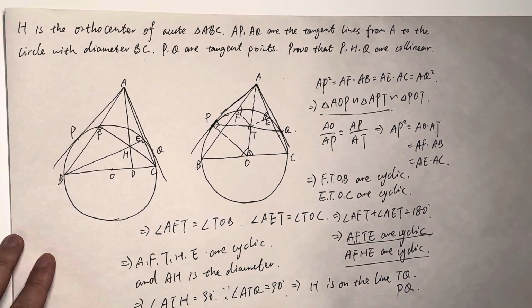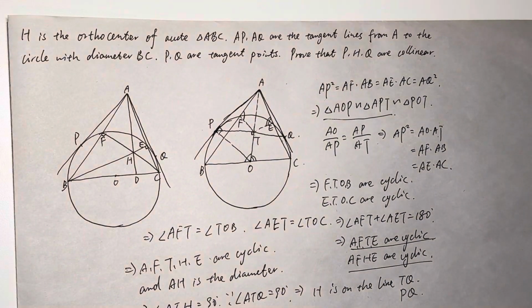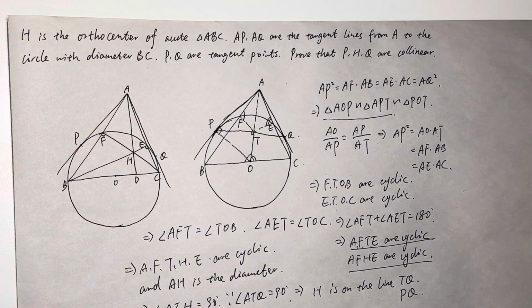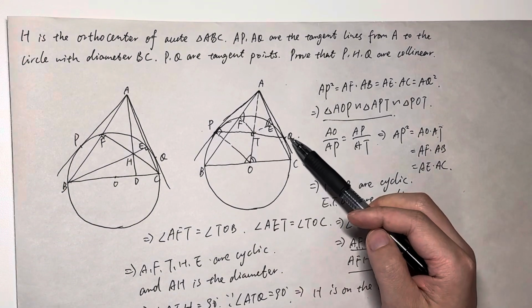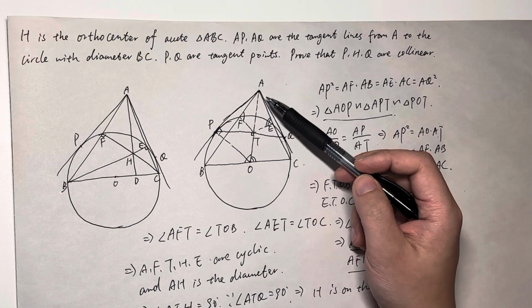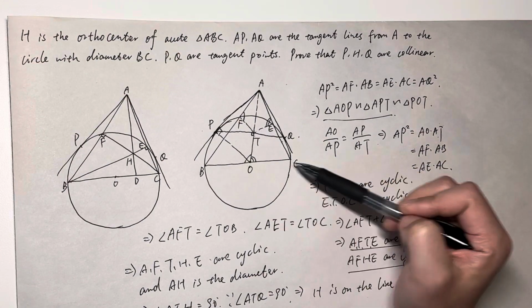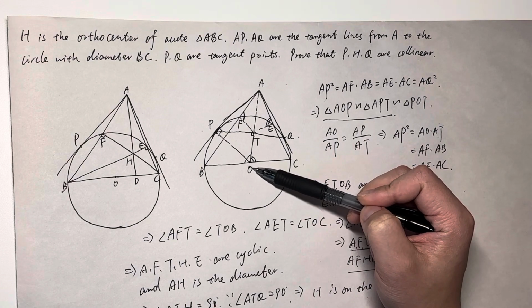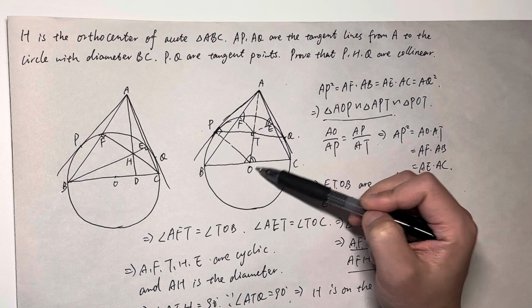Right. So for this problem, we didn't go directly to find the relation between P, Q, and H. The first thing is that we check the property of the tangent line and the relation of the tangent line BC and the center O, the midpoint of BC.